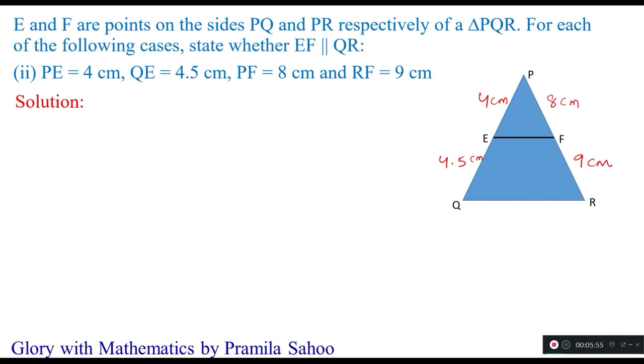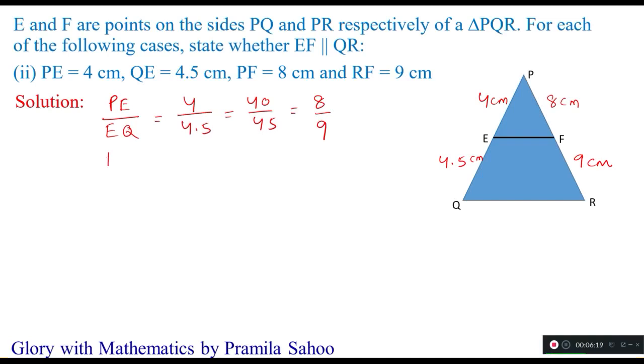Again we have to find the ratios. PE by EQ is equal to 4 by 4.5. We can write it as 40 by 45, which is equal to 8 by 9.